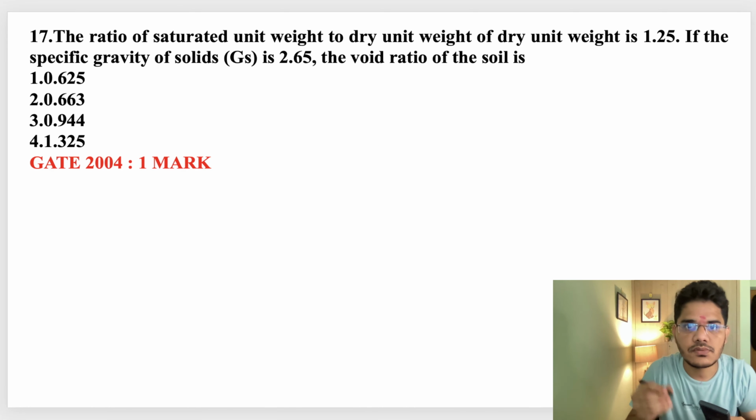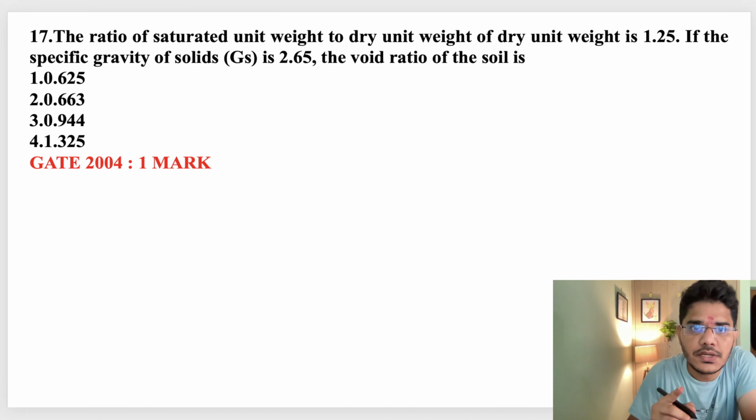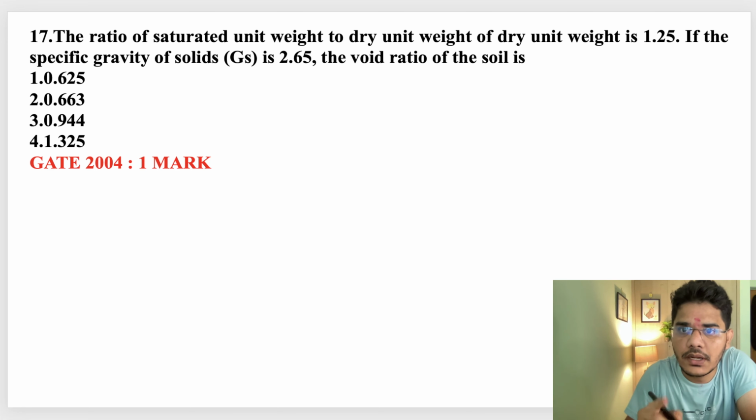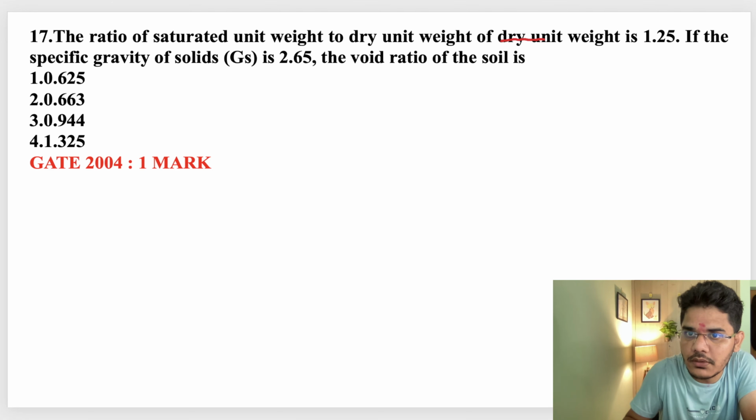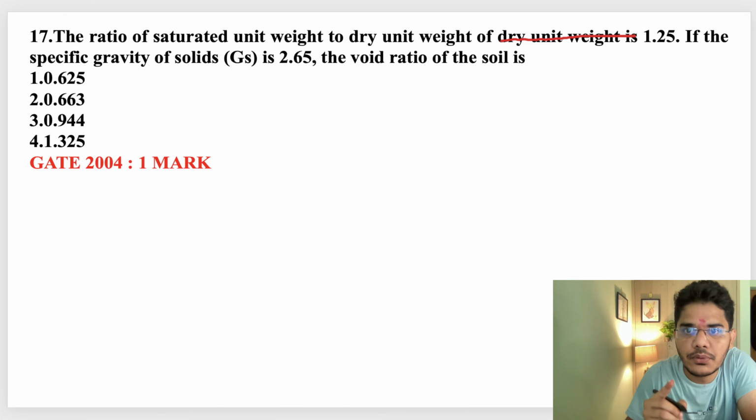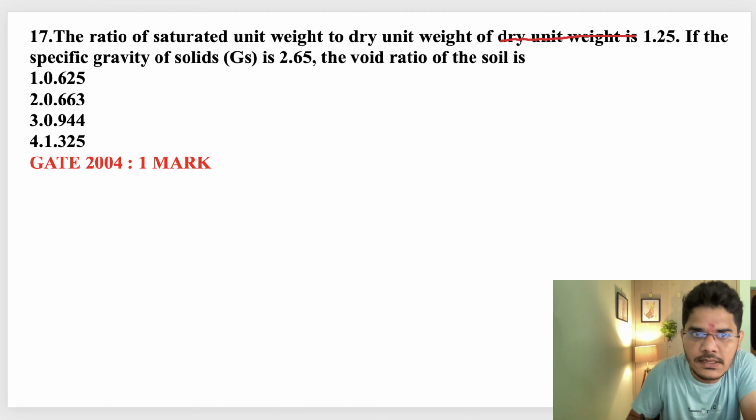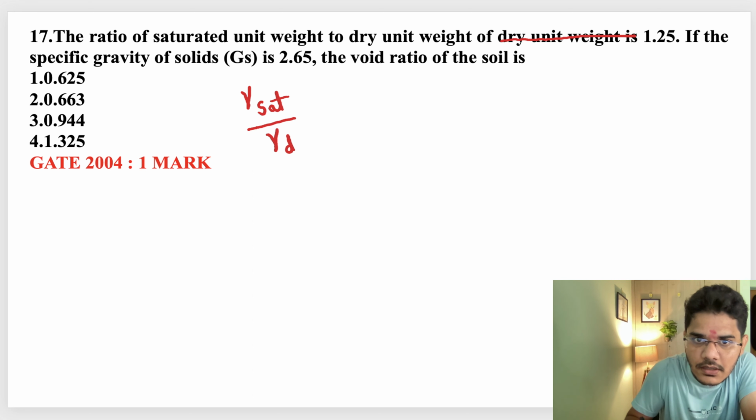Coming to the next question. The ratio of saturated unit weight to dry unit weight of a soil is 1.25, so gamma sat divided by gamma d is equal to 1.25.